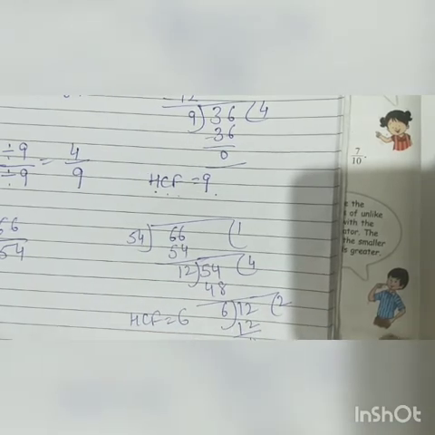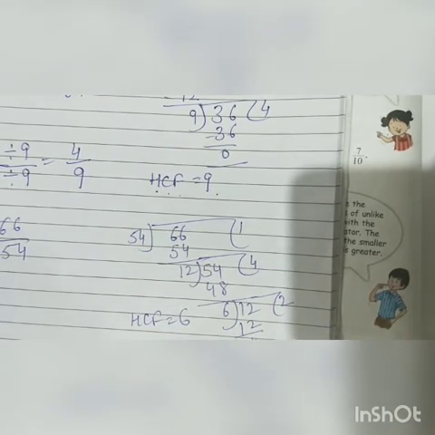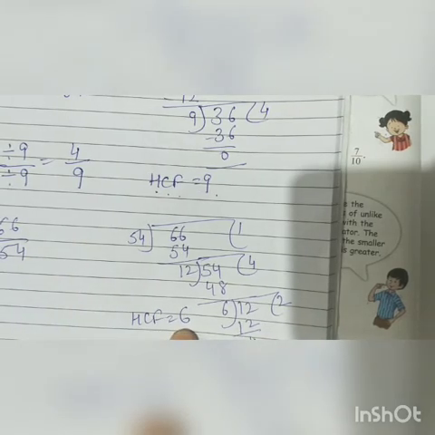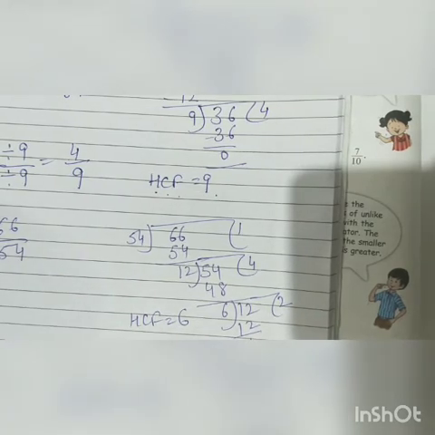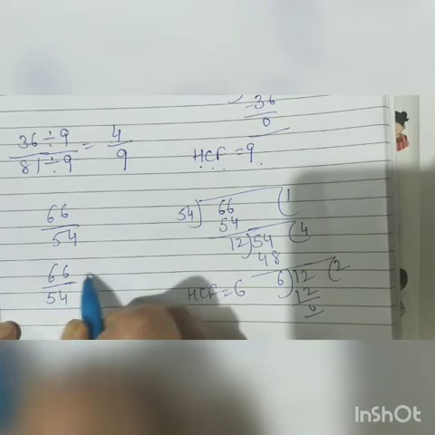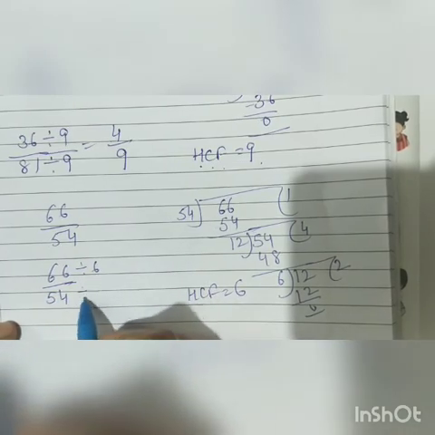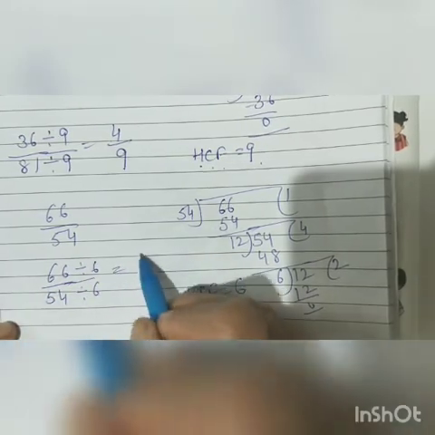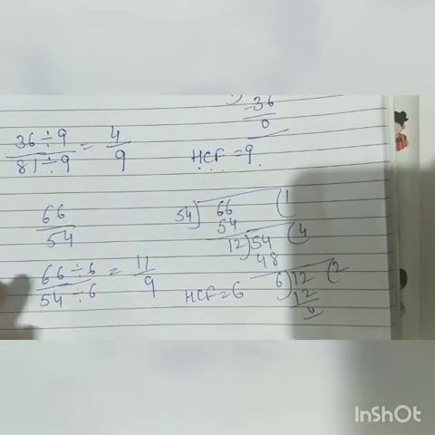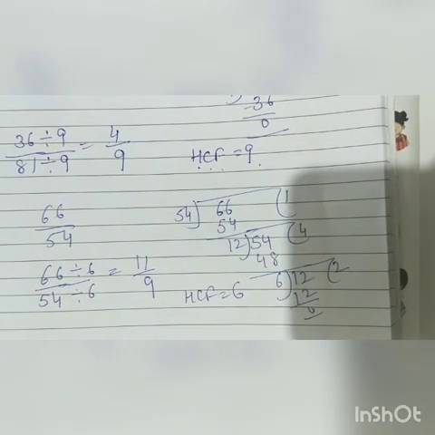It means in the fraction 66 by 54, 6 is the highest common factor. So we will divide 66 by 54 by 6. If we divide by 6, the fraction will become 11 by 9. This is the lowest term of 66 by 54.